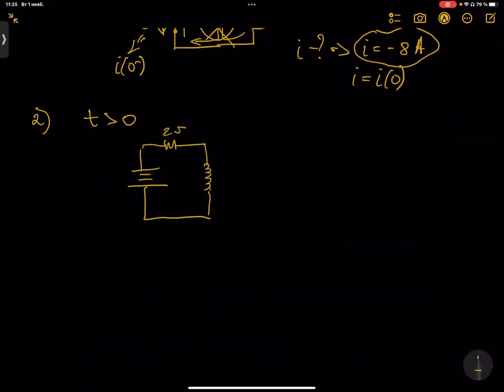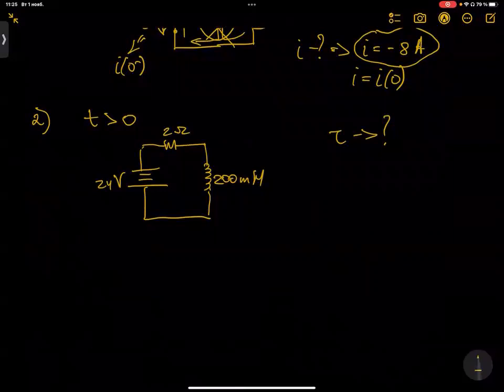It's a 2 ohm resistor, a 200 millihenry inductor, and 24 volts. So firstly, we find the time constant. Please remember, the very first thing you find is I0, then the time constant, then I infinite.